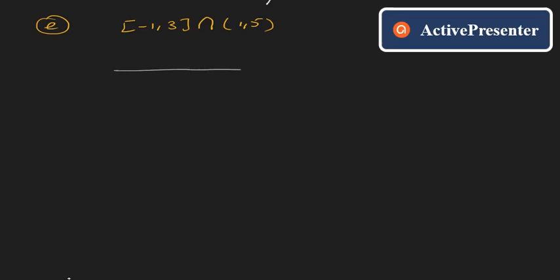Suppose I want to graph the intersection between these two sets. Here 0, here 1, 2, 3, 4, 5, 6, here minus 1, minus 2, minus 3, and minus 4 up to infinity. Let's graph this interval with blue and this interval with green.